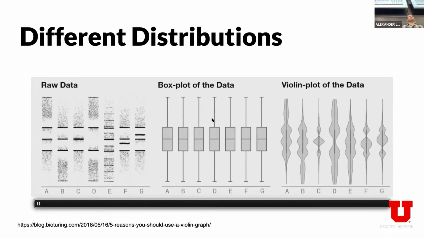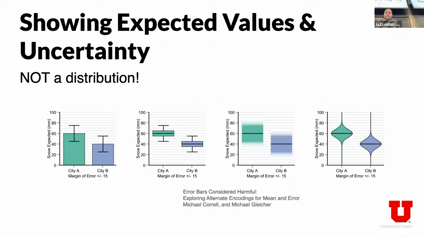Any other questions? And then we can also, for example, show expected values and uncertainty. This is a little bit different, right? If you're drawing from a distribution and you want to plot that, this paper by Michael Correll and Michael Gleicher studies this, and they also came to the conclusion that error bars are problematic.